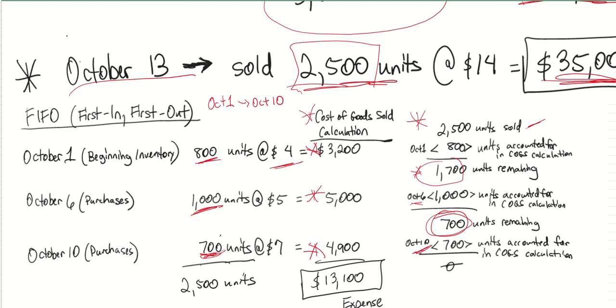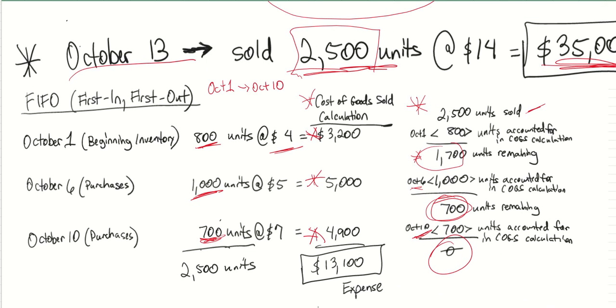And then we go over here to the right side. We'll include the 700 units into the units remaining here, which leaves us with 0. The reason it's 0 is because we've included all 2,500 units into the cost of goods sold calculation.